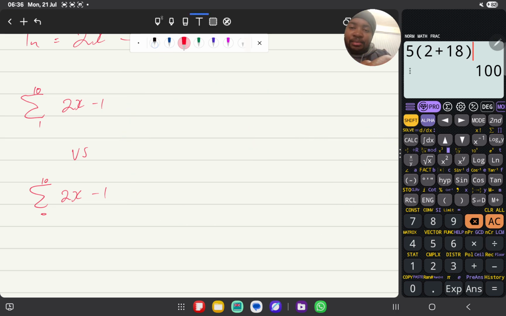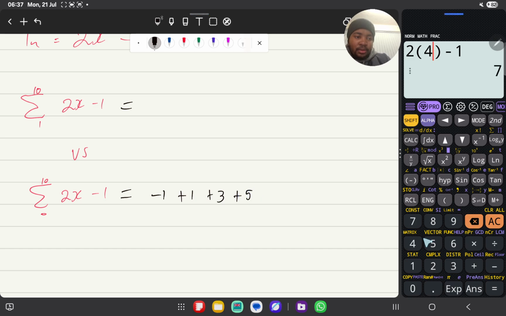Now I want to write them manually, right? 2 minus 1, I have 0, that's minus 1, then 1.